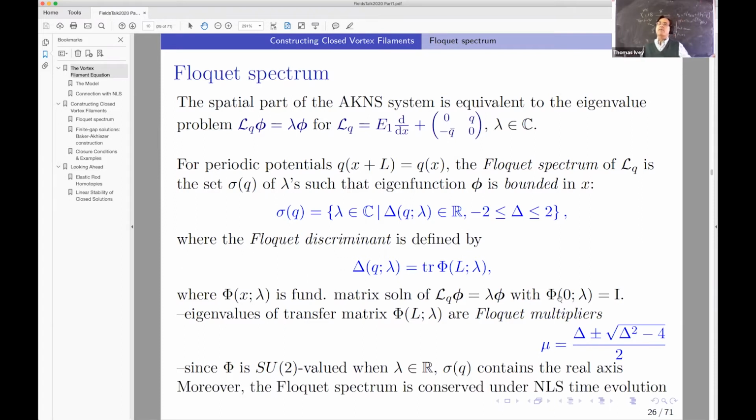And moreover, this whole spectrum is conserved by the time evolution under NLS. In some sense, the fact that NLS is an integrable evolution with all these conservation laws is all wrapped up in the preservation of the Floquet spectrum, at least in the case where Q is periodic, because all that information in the Floquet spectrum can be used to generate all the conservation laws.